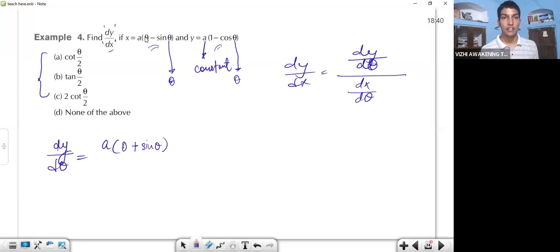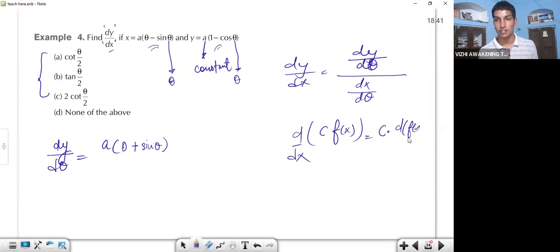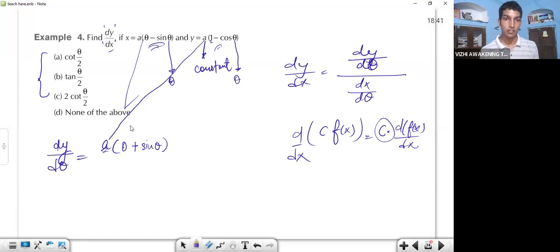If it is a constant, we are multiplying a constant with some function and differentiating it, so we can write it as c into the derivative of f of x by dx. So we have written the constant a outside, and we have differentiated the function, with one's differentiation being 0 and cos theta's differentiation being this.